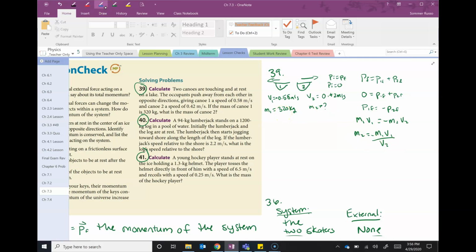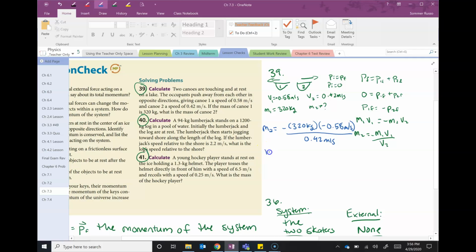I'm going to change colors so you can see what I'm working on a little easier. So M2 is equal to negative 320 kilograms times that negative velocity of 0.58 meters per second, all divided by that 0.42 meters per second.